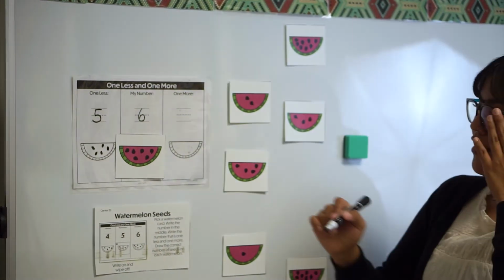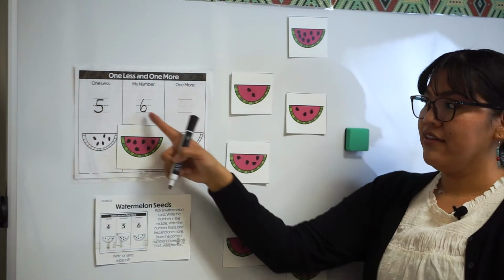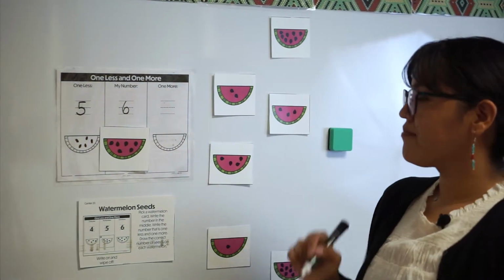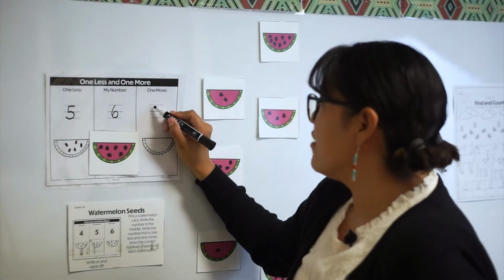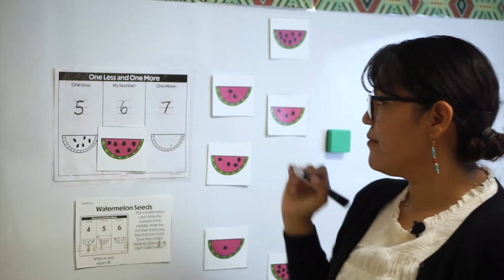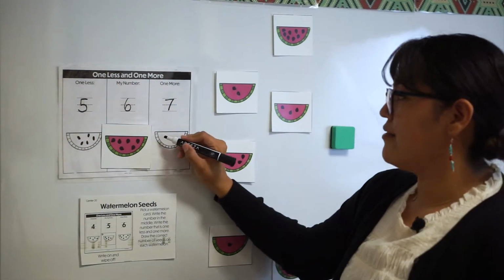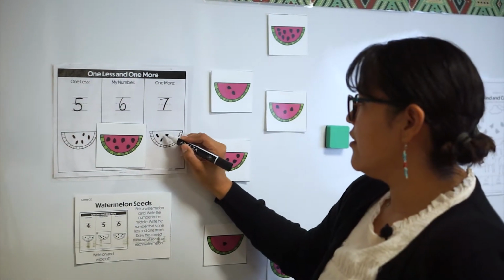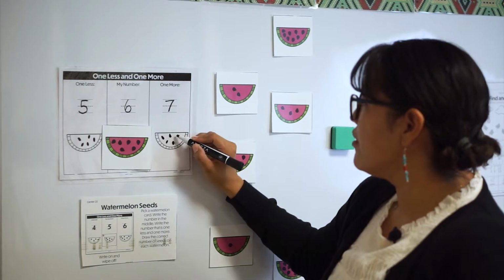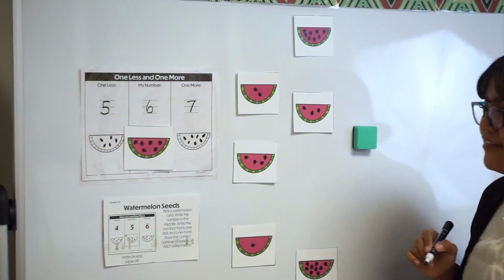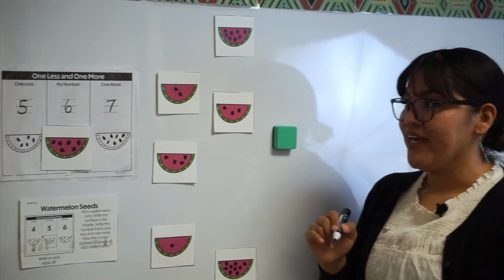Okay, so what is 1 more than 6? 7. So we're going to write the number 7 right here, and then we're going to draw in 7 watermelon seeds. 2, 3, 4, 5, 6, 7. Okay, let's do 1 more.